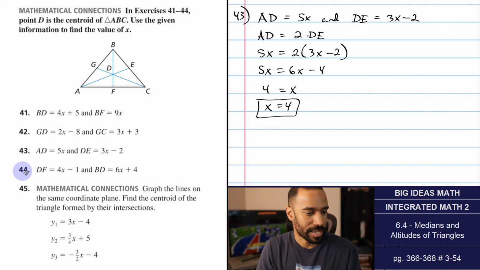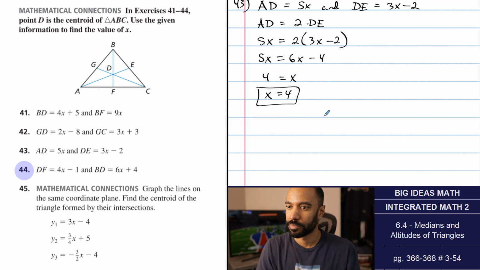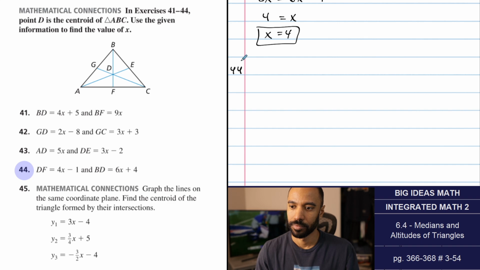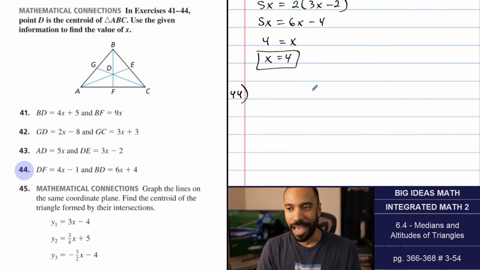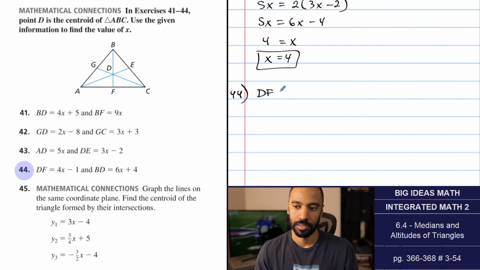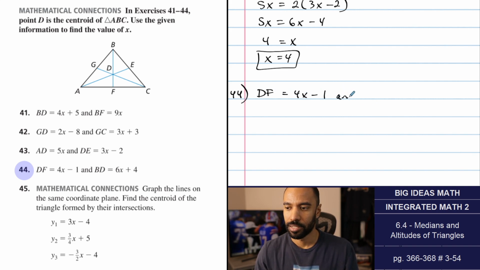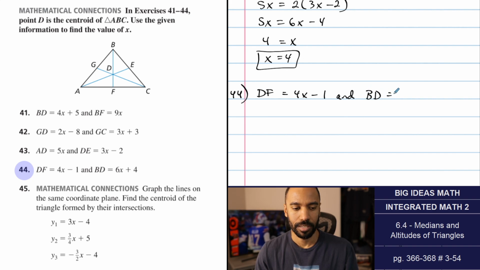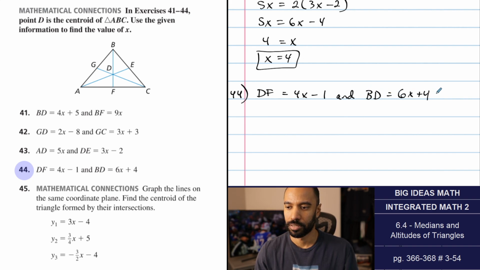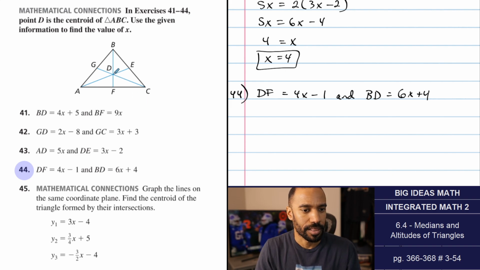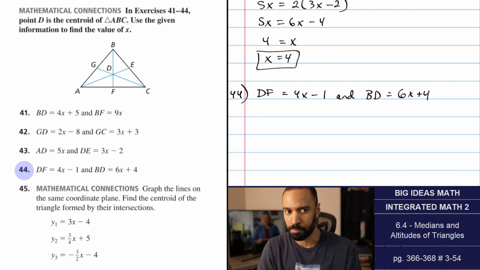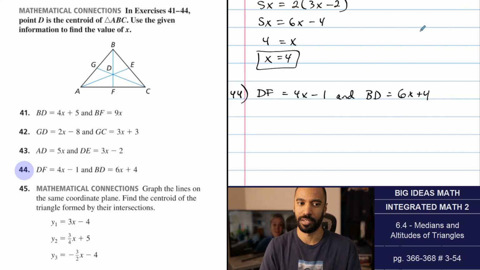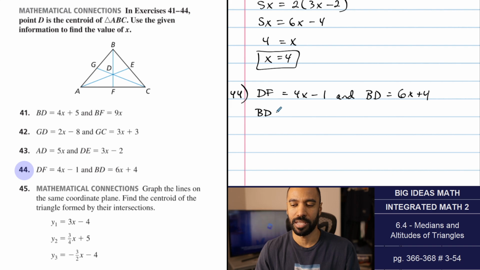Last one of that set, 44. DF equals 4x minus 1, and BD equals 6x plus 4. Okay. DF, that guy. BD, that guy. I think more of the same. BD is double that of DF.